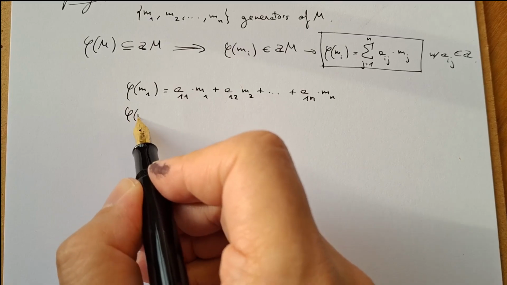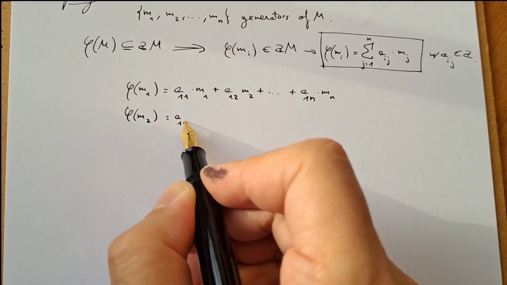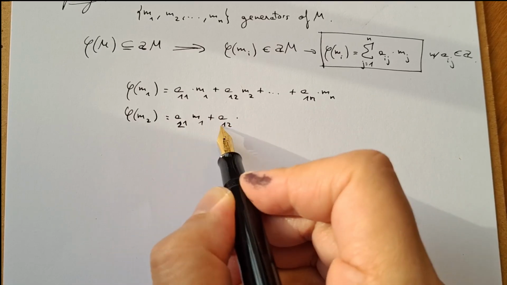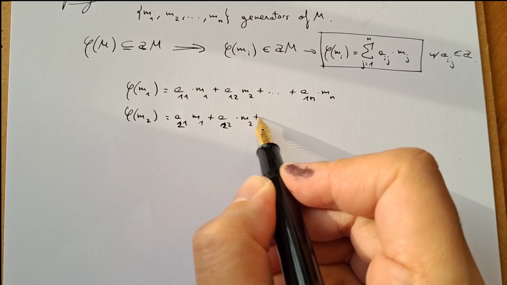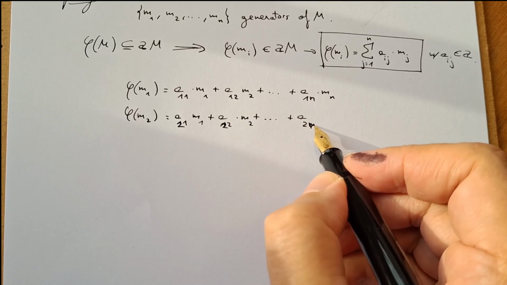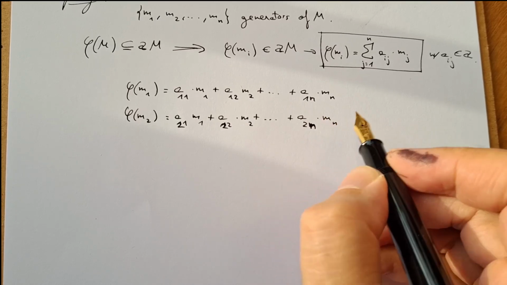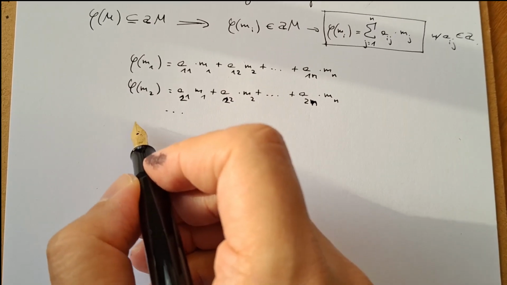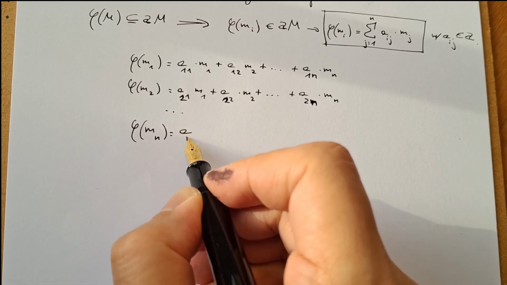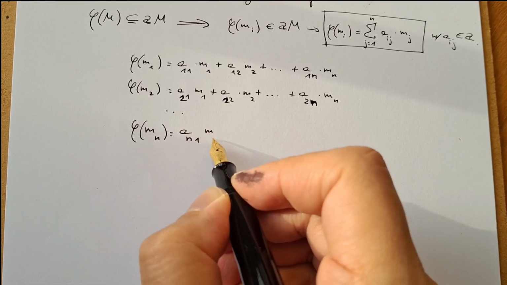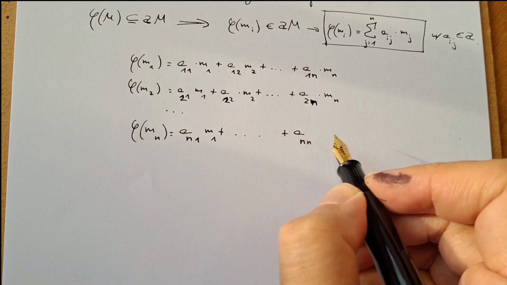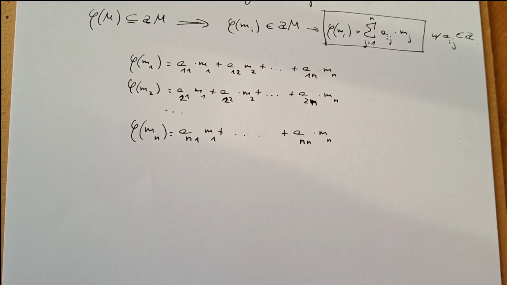Then for m2, we have a21 m1 plus a22 multiplied by m2, plus etcetera, till a sub 2n multiplied by mn, along the way till psi of mn, which is equal to a sub n1 multiplied by m1 plus etcetera till a sub nn multiplied by mn.